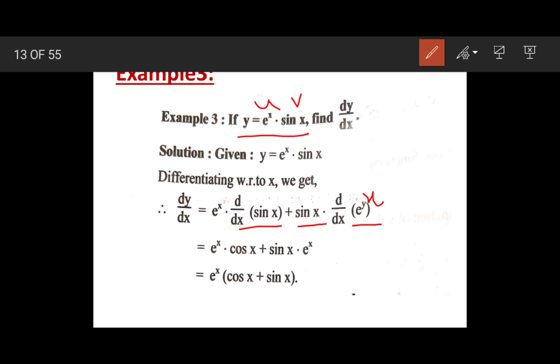Okay, so e raised to x as it is, derivative of sin x is cos x. Now sin x as it is, derivative of e raised to x is e raised to x. Now take e raised to x common. Okay, so what is remaining? Cos x plus sin x. So e raised to x into cos x plus sin x.